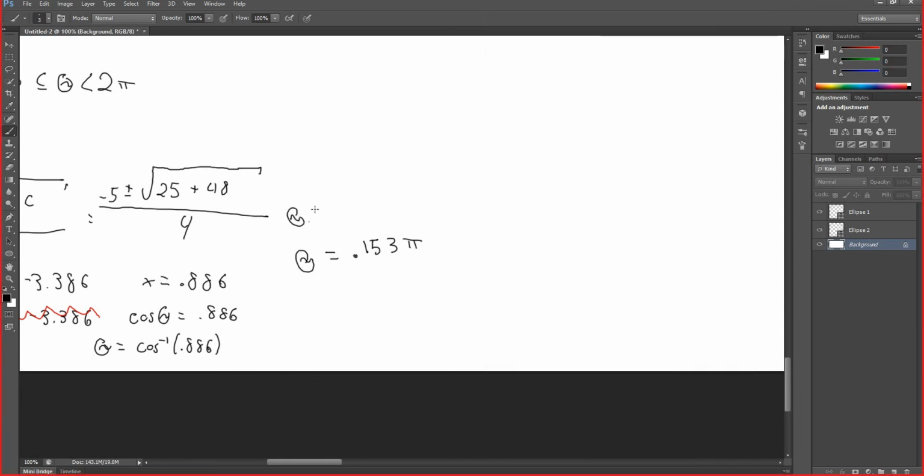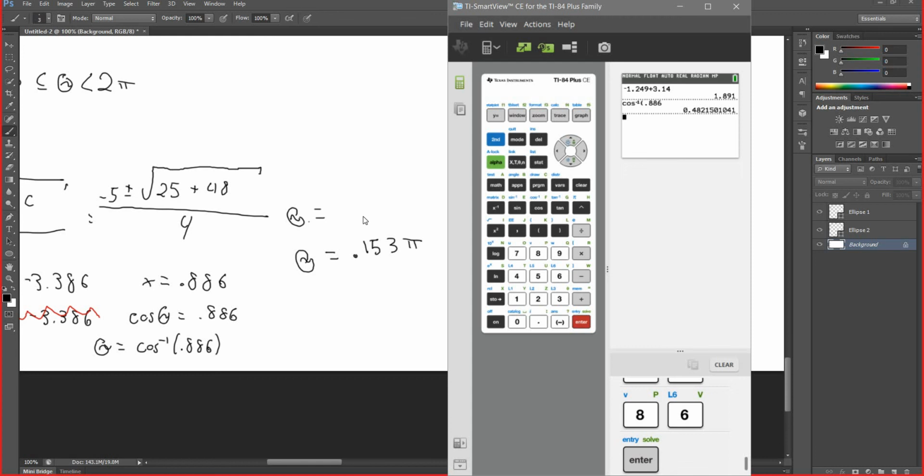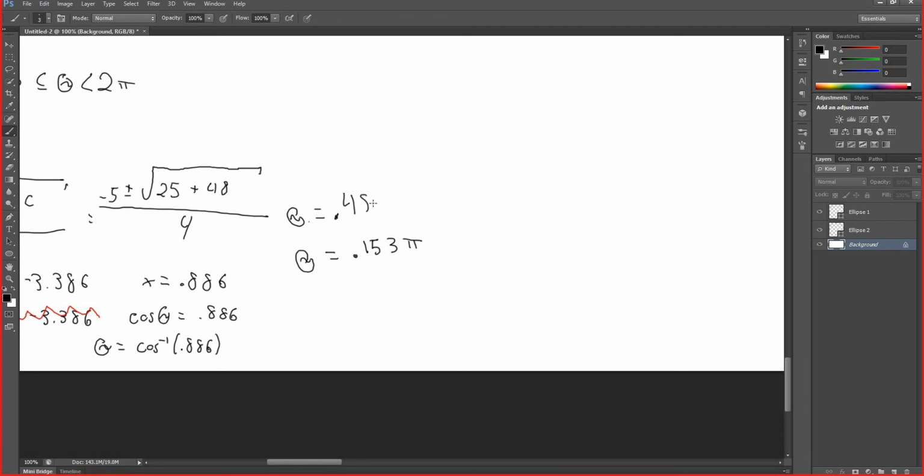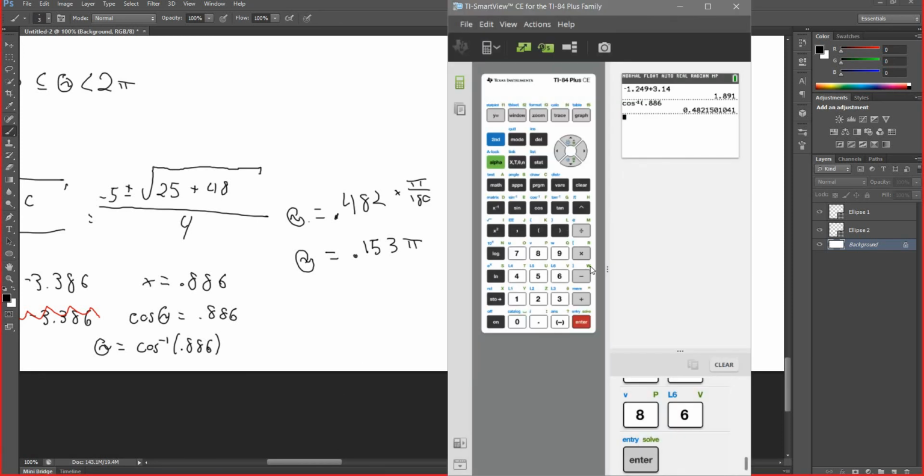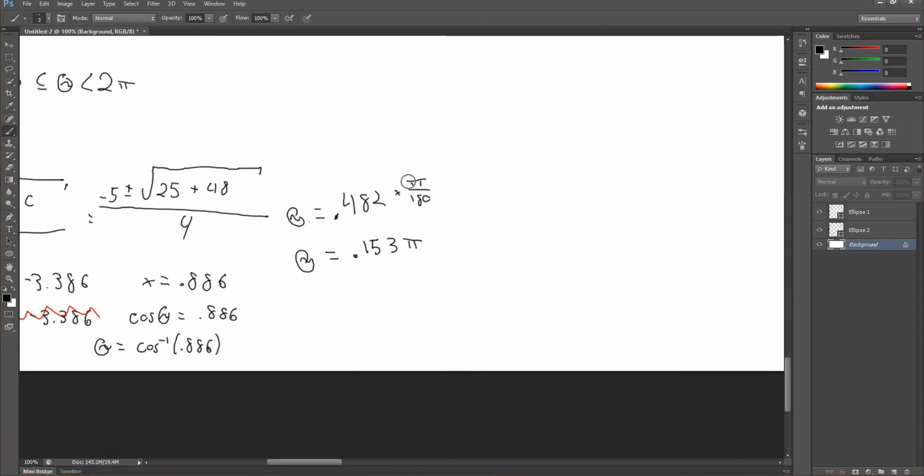If you wrote this out originally, in your calculator you will get 0.482. I then turned it into a radian with pi by doing times pi over 180, which I'm going to double check. Sorry, no, I just divided by pi. Because I can do this as times pi over pi, which is just 1, right?